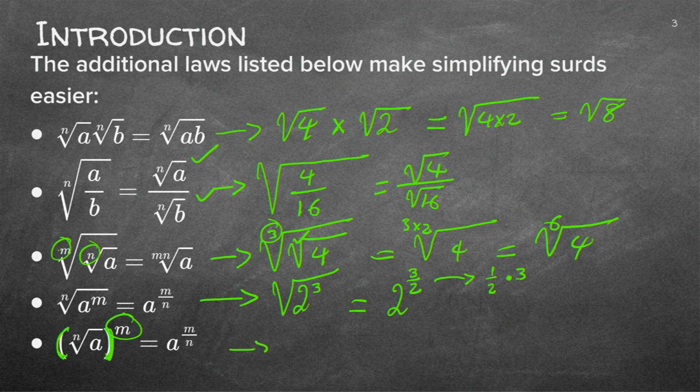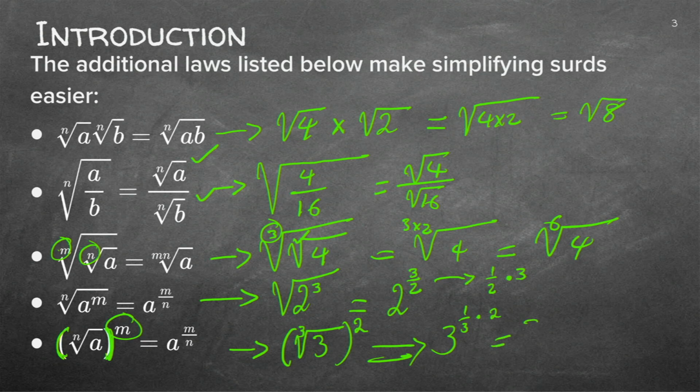Let me use different numbers instead of 2. If you have the cube root of 3, but this now is to the power of 2, you simply have your answer as 3 to the power of 1 over 3 times 2.